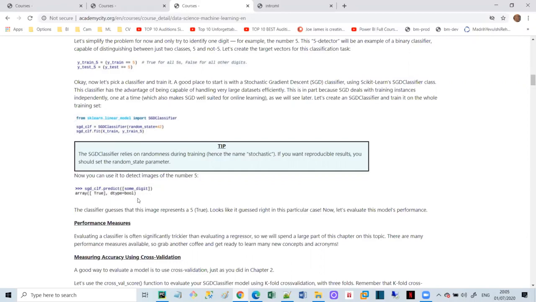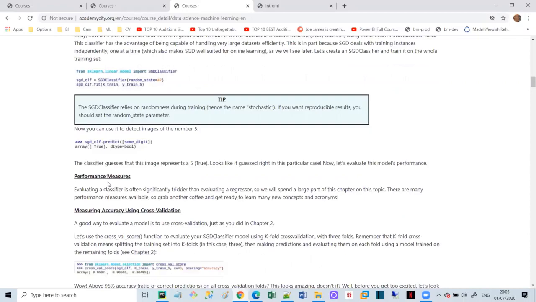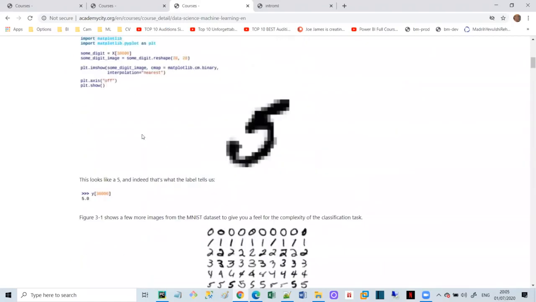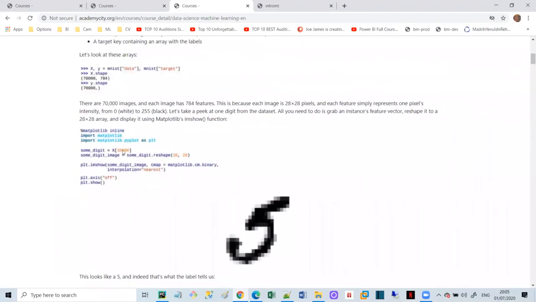Okay, then I have a predict. I did the fit, and now can I predict? So I give it a specific digit. By the way, if you look at the code on top, it's really the some digit. It's nothing but one of those rows. It's row 36,000. It happens that I know it's a 5. And this one is just taking it, converting it to 28 by 28, exactly what I did and showed you.